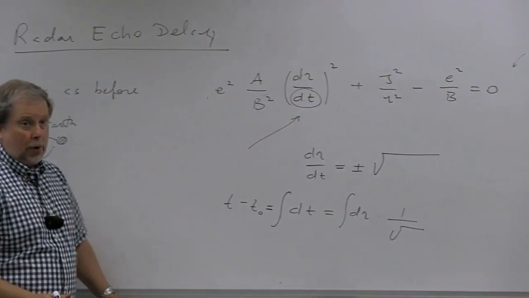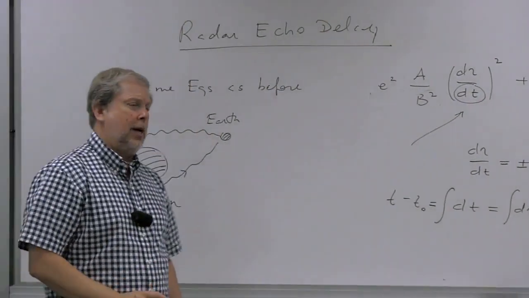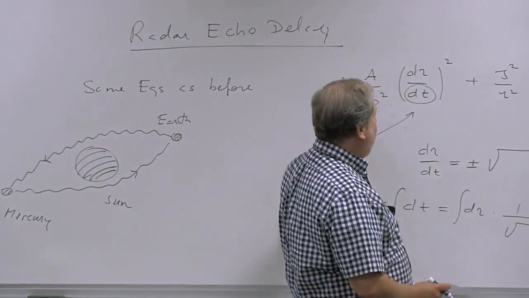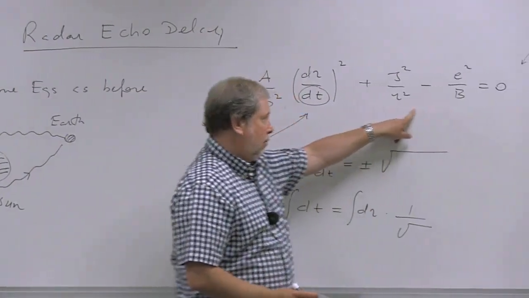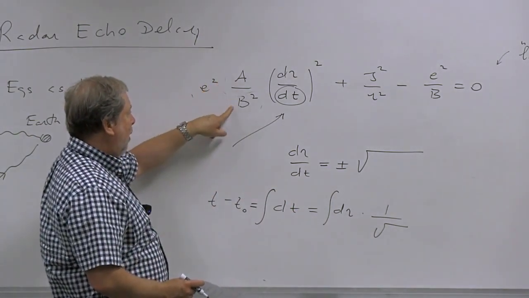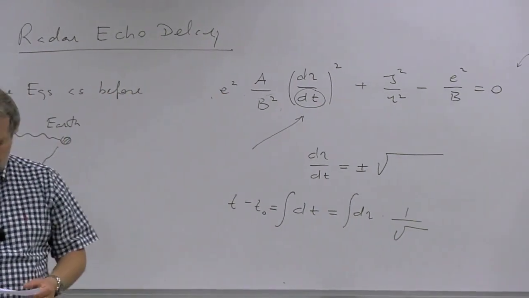So the procedure to do this calculation is the same as we have done before. And what appears in the square root is everything that we have over on, in particular, this quantity here multiplied by b squared divided by a and e squared.